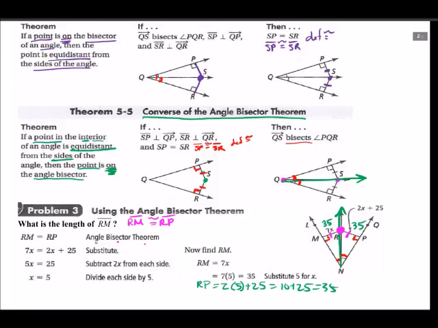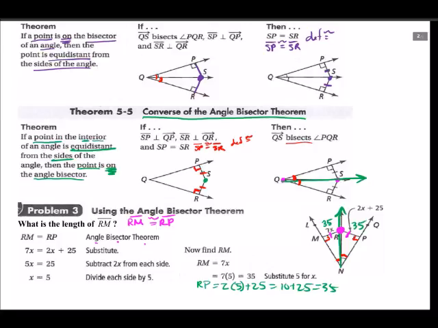The hardest part of these is seeing the information in the diagrams. So use your notes, match your pictures to your diagrams, and look for the important ideas here, right?